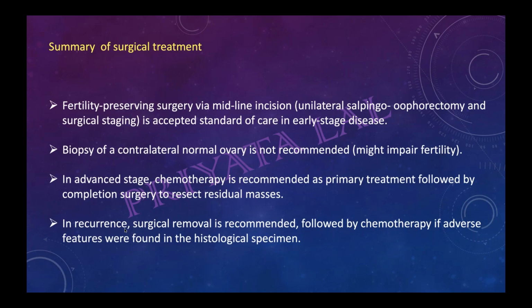Surgical removal followed by chemo. This is the basic thing you have to remember for surgical treatment. More than that is not required. Though in the talk they have given it independently, so I put it independently. But this is just a summary.